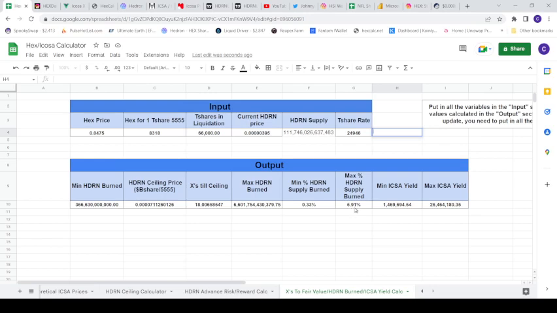It burns almost 6% of the Hedron supply, and it would create almost 26.5 million Icosa yield. The minimum Icosa yield would be 1.5 million basically. Max yield would be 26.5 million. So that's going to be some really good yield.